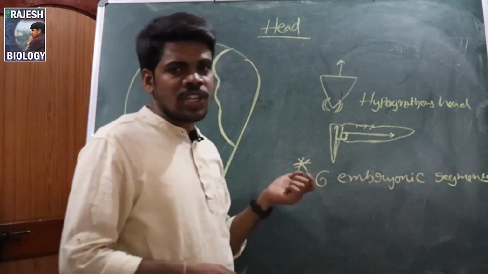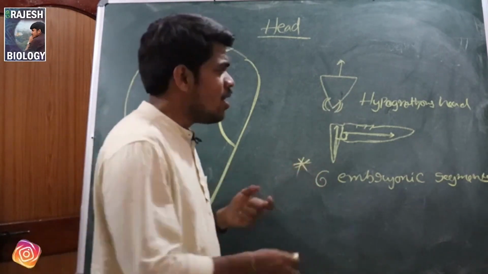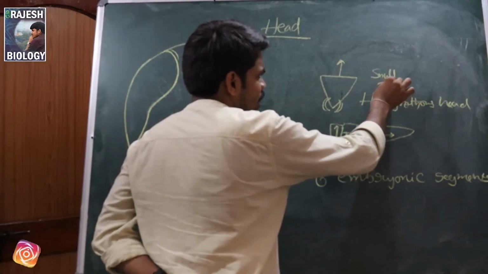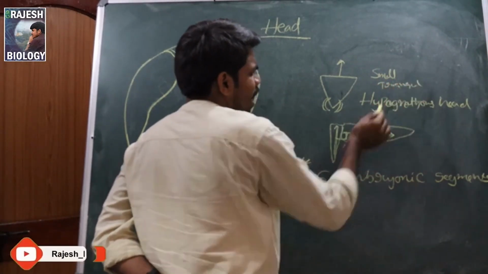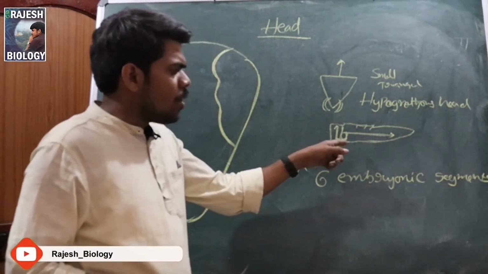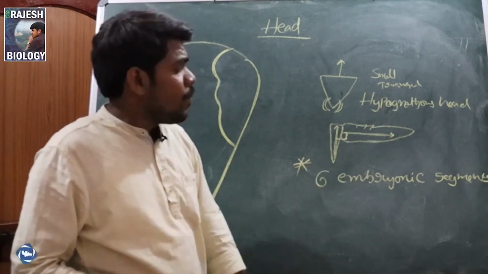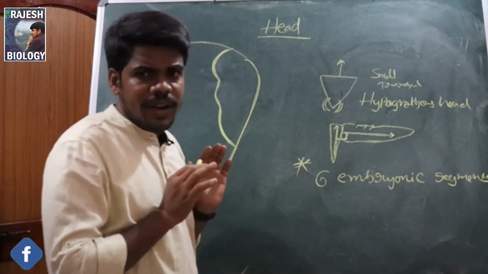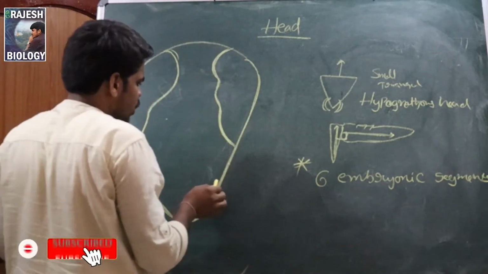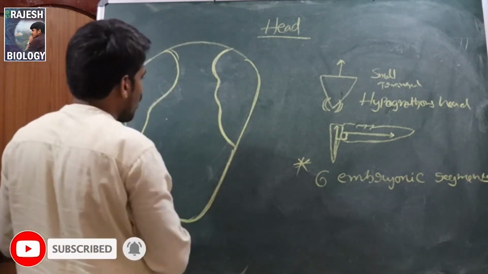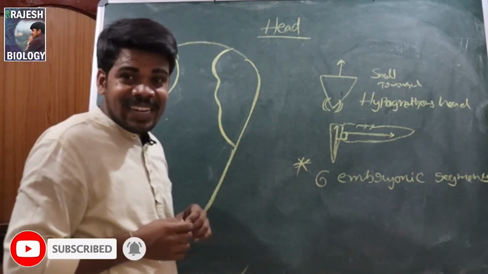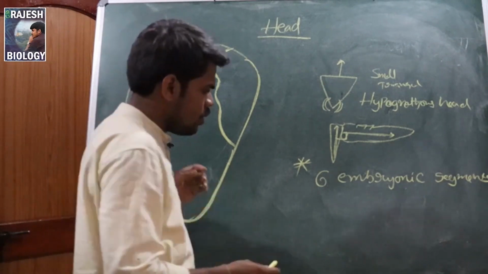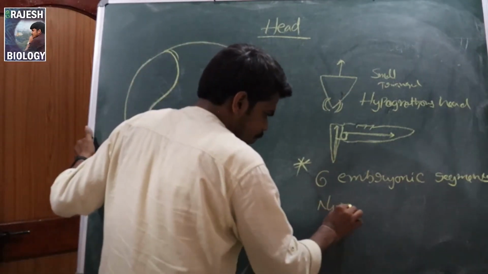It is triangular in shape, a small triangle, and it is at right angles to the body. This head is called the hypognathous head. Now come to the head structure. The head capsule is formed by sclerites. Numerous sclerites together form the capsule.